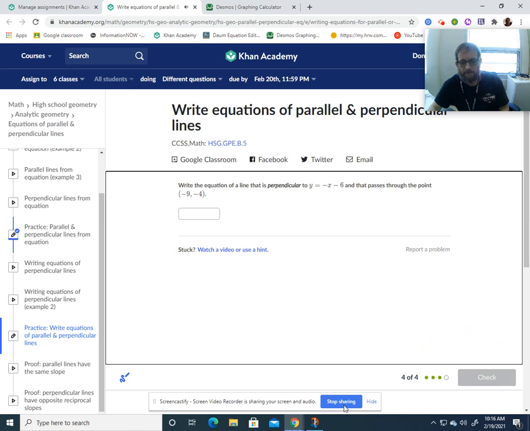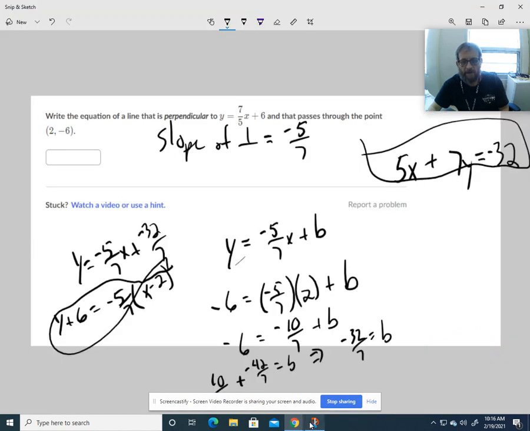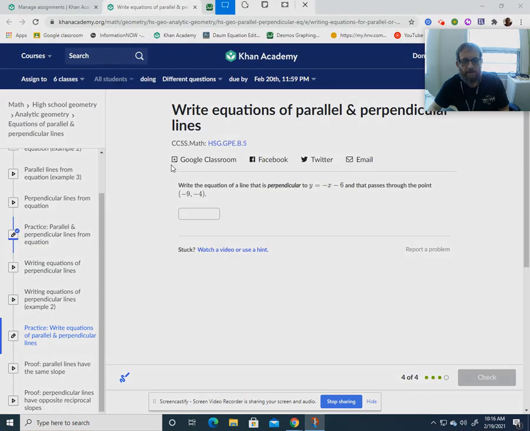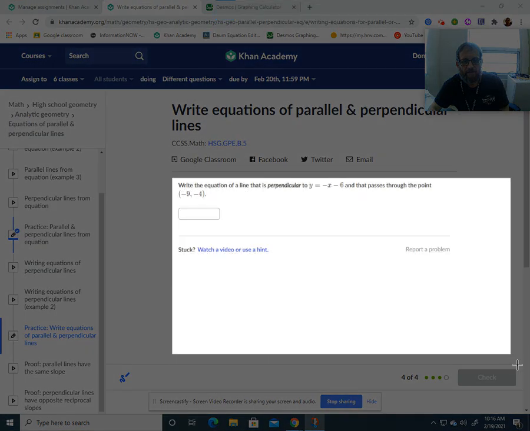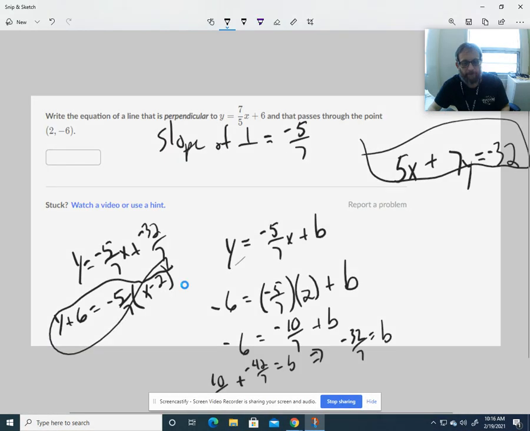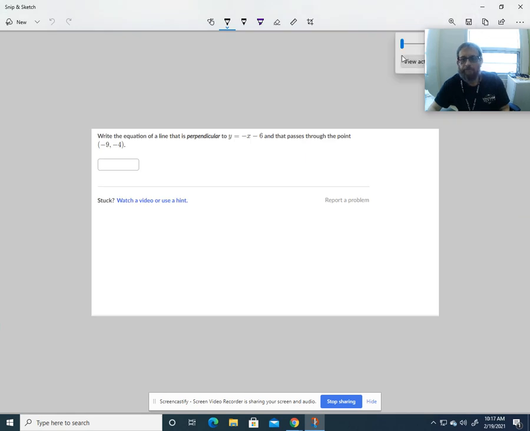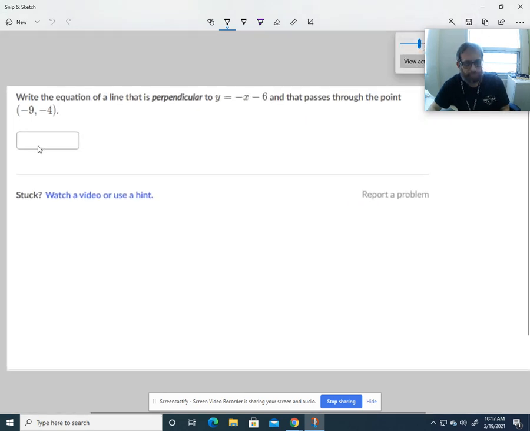Last one. Again, we'll try it in a different form here. Okay, so here we go again. They want us to write the perpendicular. So if we're going to write the perpendicular, then what we know is my slope here is -1.